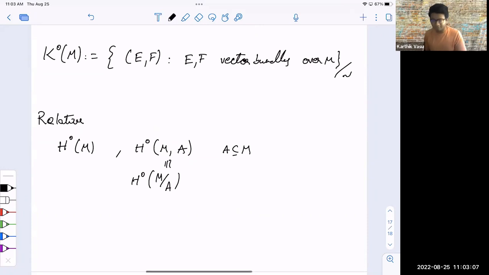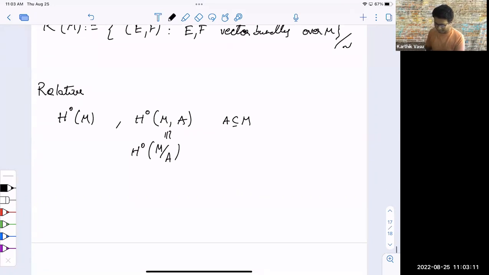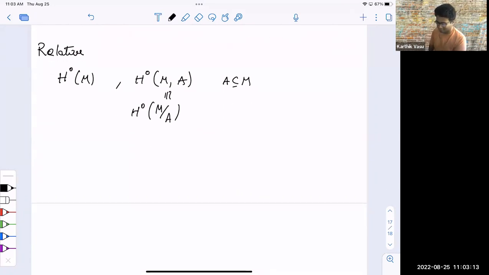In some cases, in most cases let's say, this will be isomorphic, though not always. So relative K groups will be the same thing.